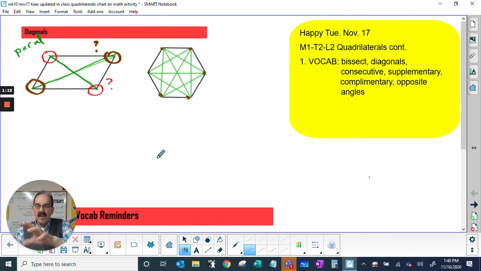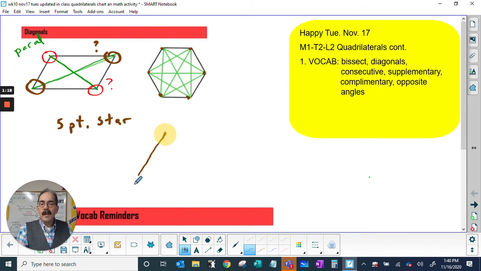So kind of go in reverse. Pause the video and draw a 5-pointed star. I'm going to do it. Down, over, up, across, down. Once you do that, connect the vertices.